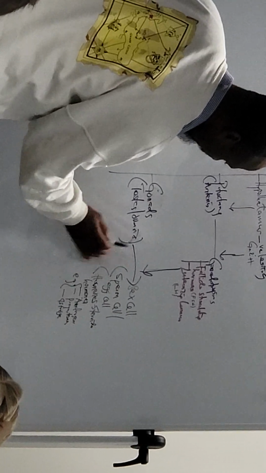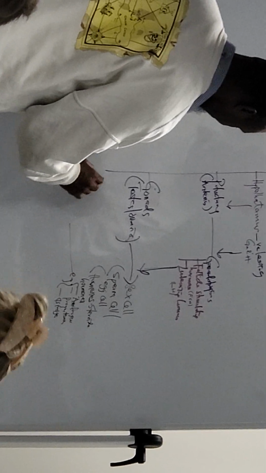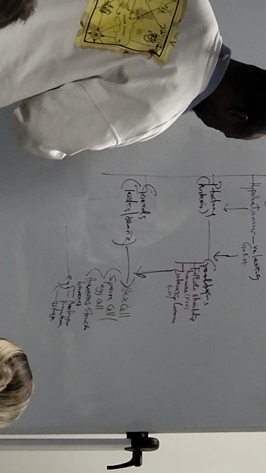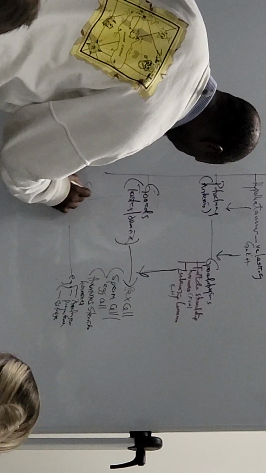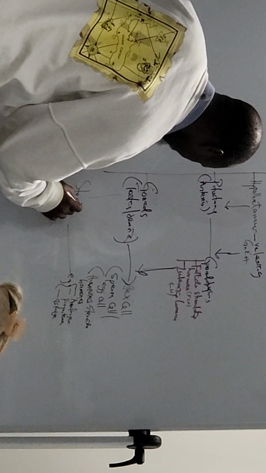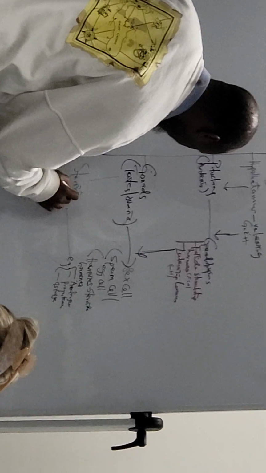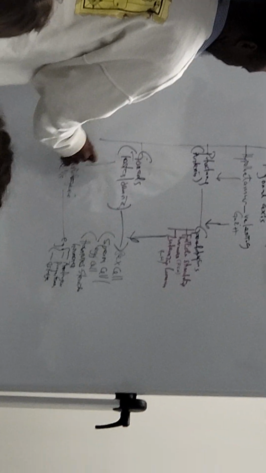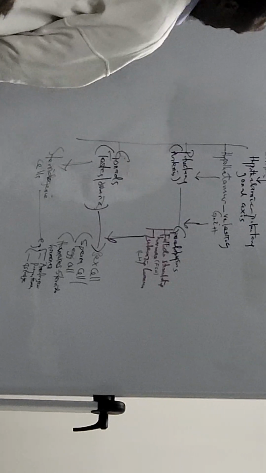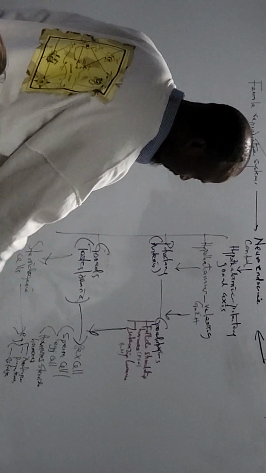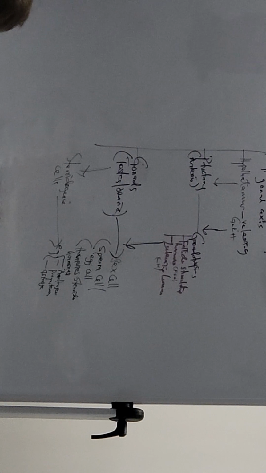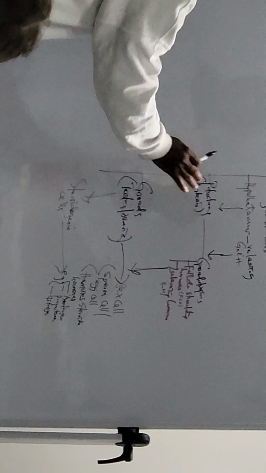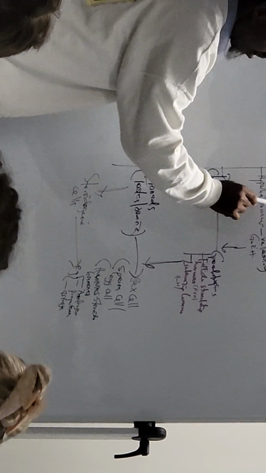These gonads, because they can produce these hormones, are said to be steroidogenic cells. So the cells of the gonads are steroidogenic because of the capacity to produce these. So this is what is called the hypothalamic-pituitary-gonadal axis.